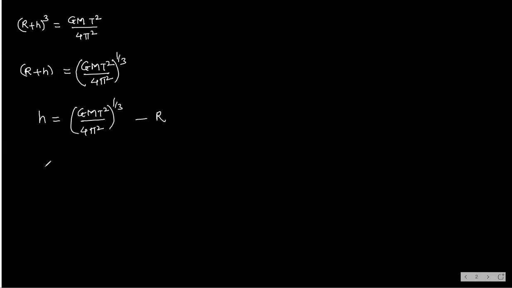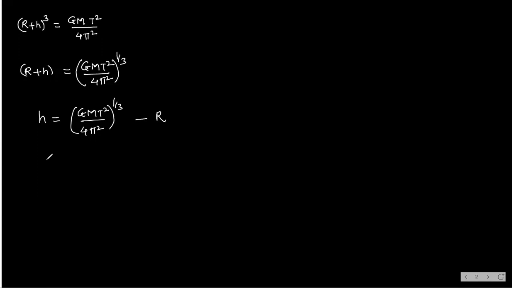So what is the G value? G is the gravitational constant. What is the value? 6.67 into 10 to the power minus 11. Next, what is T? Time period of Earth.